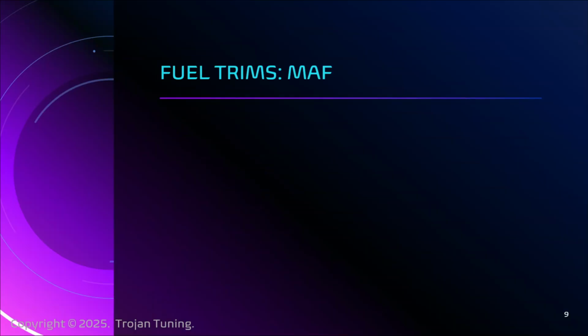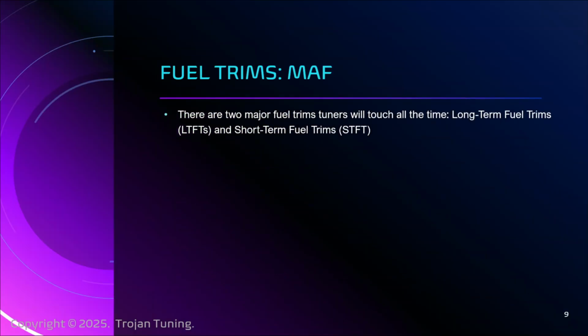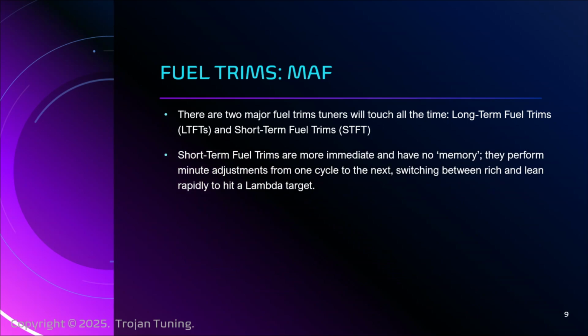So then we get into the world of mass airflow. So trims, everything has led up to this. There are 2 trims that we're tracking, long-term and short-term, the LTFTs and the STFTs. The short-term fuel trims are very immediate. They have no memory from one cycle to the next.